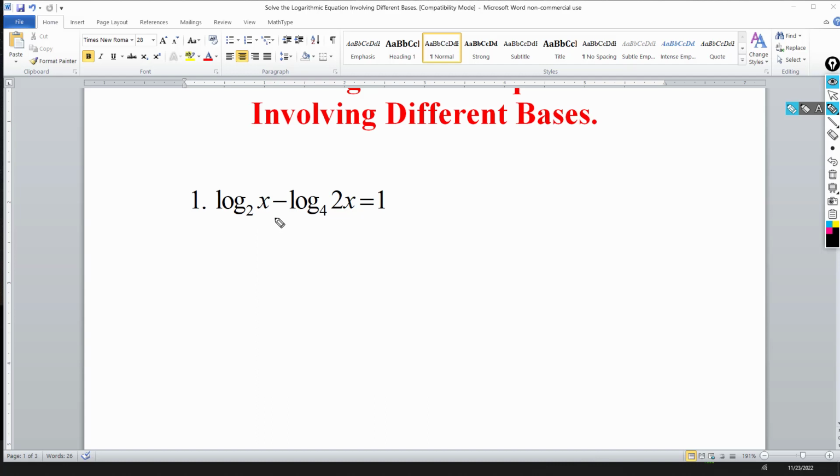So this is base 2 and this is base 4. I'm going to write the first one in terms of base 4. I can rewrite that first log as the log of x to any base I want, and because this is 4, I'm going to pick 4, over the log to the same base, 4, of whatever this base is, which is 2.